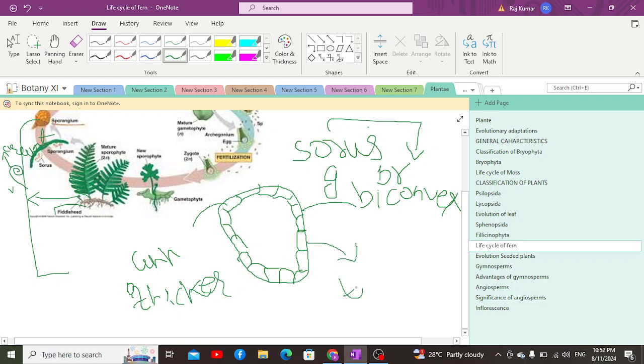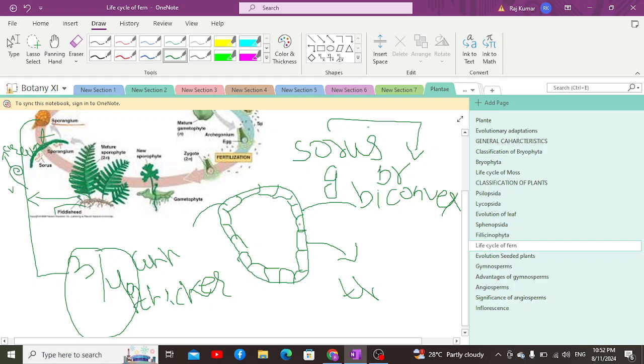About 75 percent, or three-fourths, of the sporangium is covered with annulus, while one-fourth is covered with stomium.